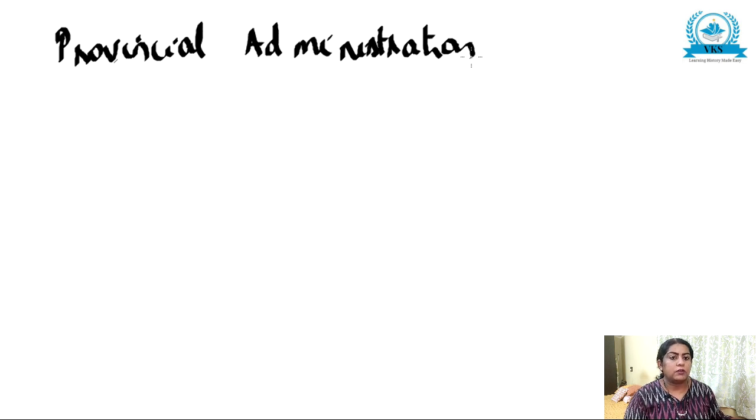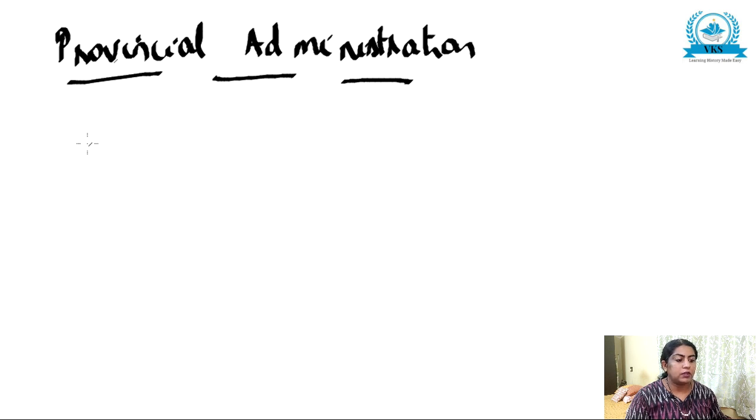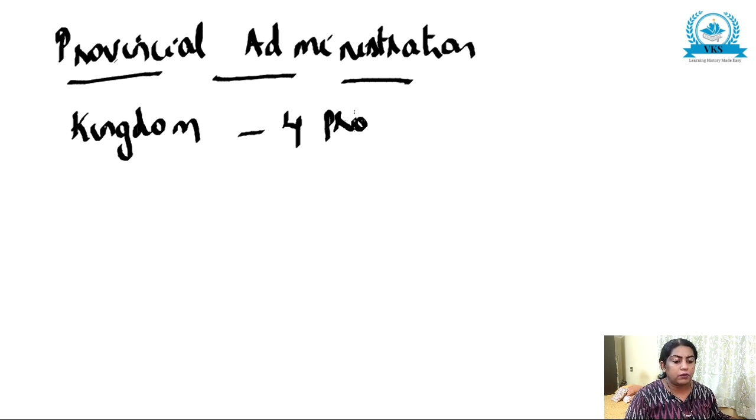Okay. So, regarding the provincial administration, Shivaji divided the kingdom into 4 provinces. They were called Swarajya.